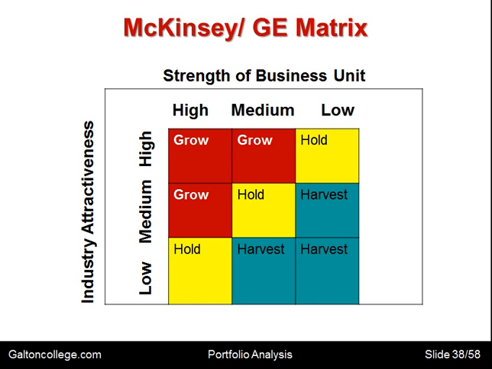Don't invest, don't disinvest, just hold, just wait and see. Or it could be to harvest, which usually is associated with a product that's not doing very well in the market, so the business tries to get out of the product as much as it can before it finally dies off. So it's grow, hold, or harvest.